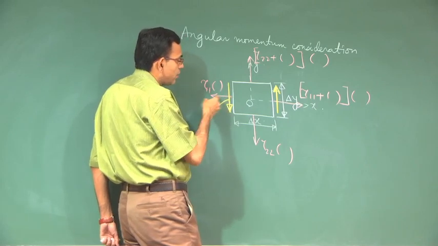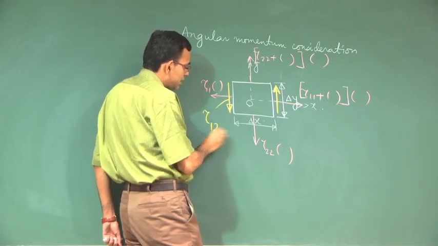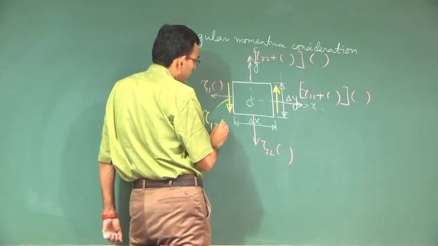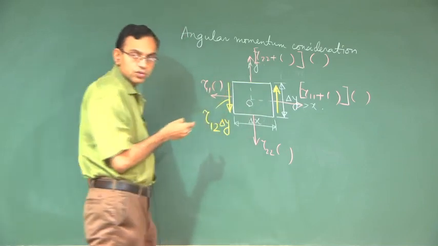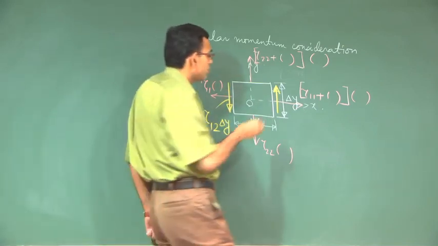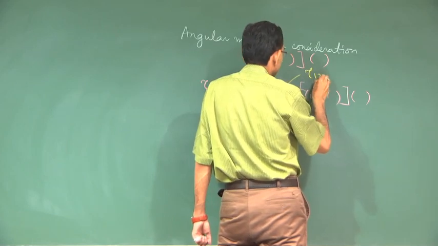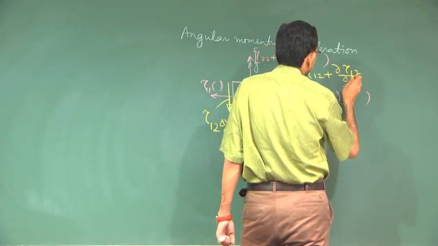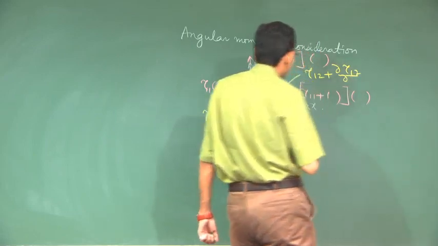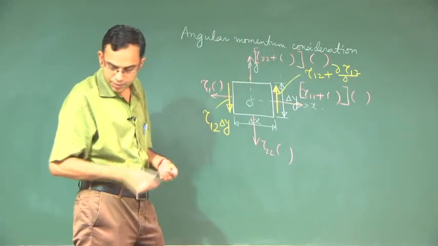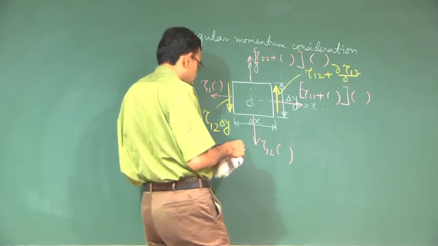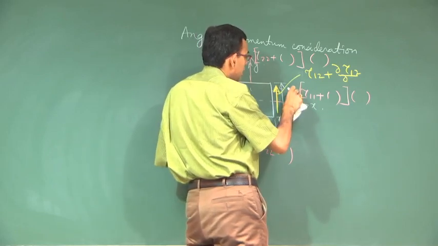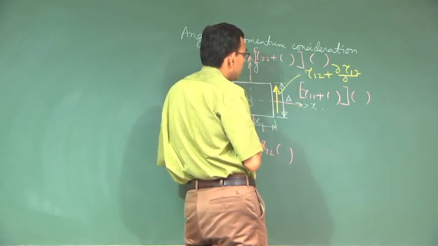Tau, where the first index is the normal direction which is 1, and the second is the direction of force which is 2, into delta y, let us say width is 1. Because we are using index notation, it may not be a bad idea to write this as delta x1, and instead of delta y, delta x2.